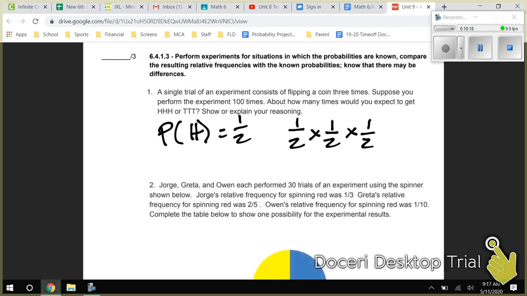So the chances of you getting a heads, heads, heads is 1 out of 8. Of course, that's if you play that game one time. You'd have a 1 out of 8 chance.